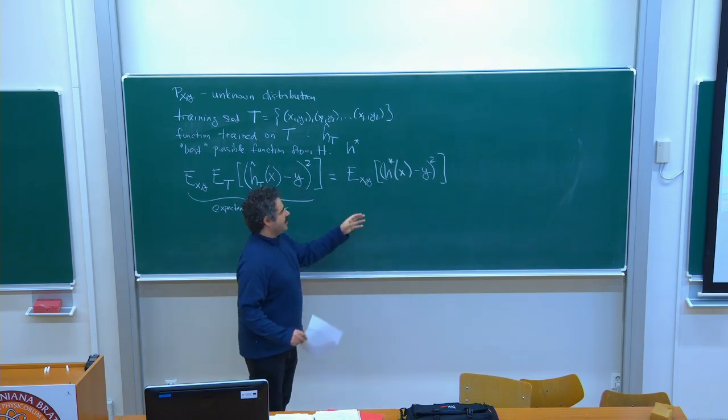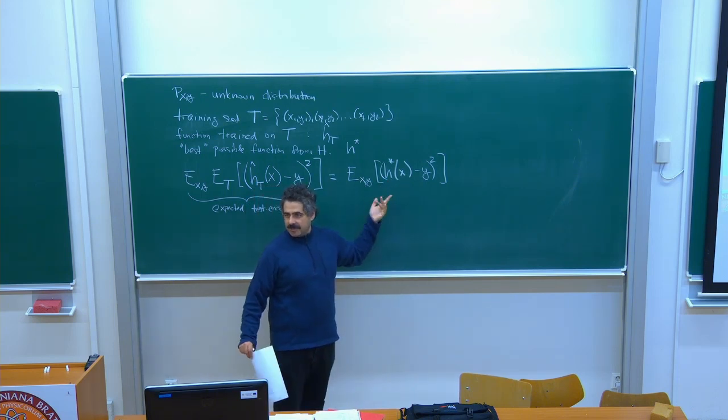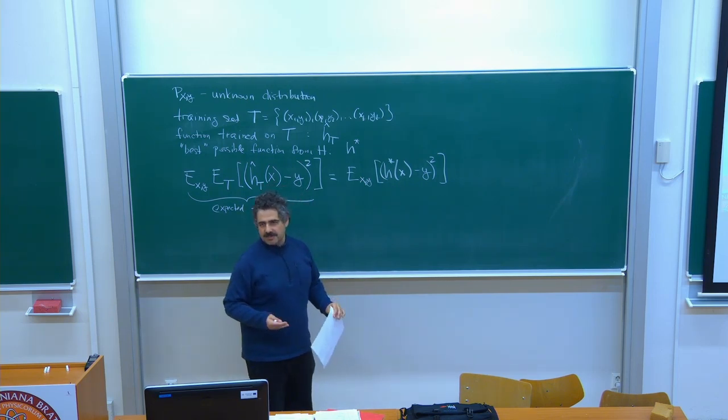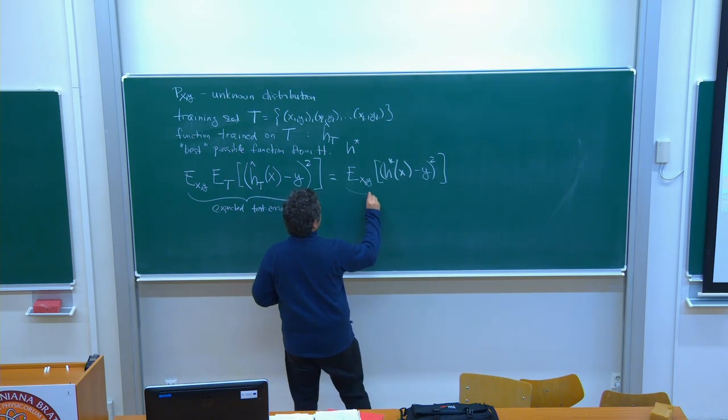Okay? And you cannot get any better, because you would have to go outside your hypothesis space, which is not allowed. So this is called bias.